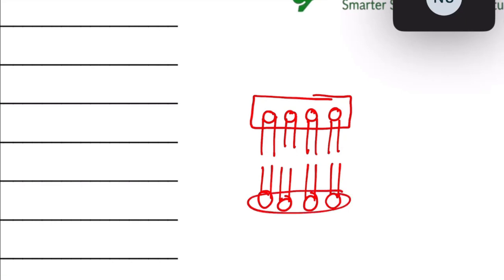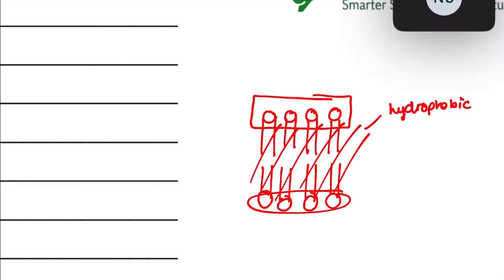They form the edge of the membrane. This middle part, the part in the center, is hydrophobic. And this part at the end is hydrophilic, which means that it can interact with water. Because you have those two separate parts, one hydrophobic and one hydrophilic, you can interact with water and you can interact with fats as well.